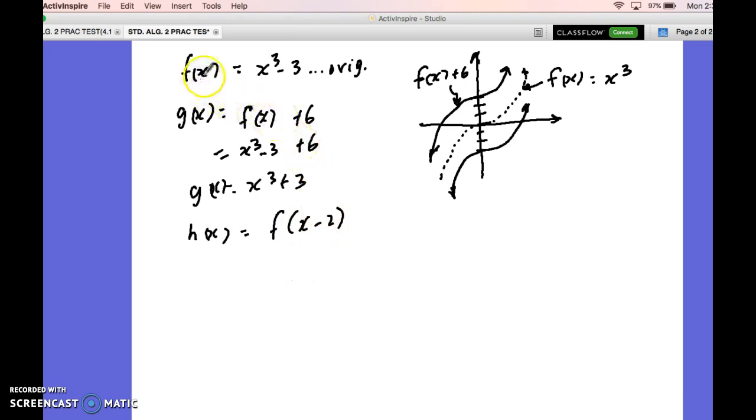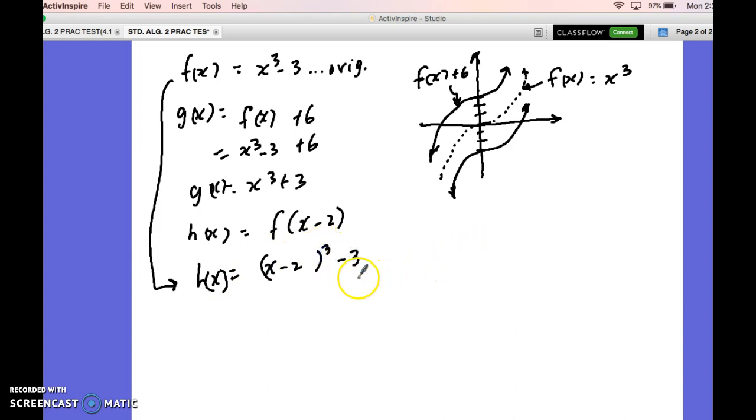Well, we come back to the f function, and wherever we see x, we put what? x minus 2. So let's go ahead and do it. h of x is going to be, wherever we see x, we're going to put x minus 2. So in here, we're going to put x minus 2, and that's going to be cubed minus 3.